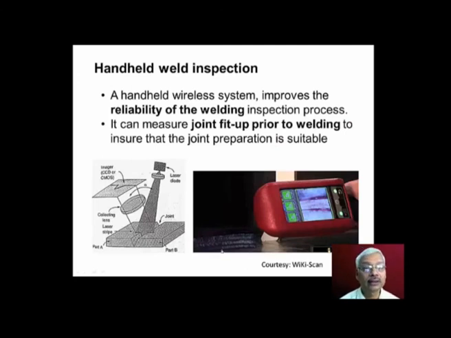Now we can see here a handheld welding inspection device. So this is the weld to be inspected, and we can move this inspection system. You can see the image, and the image can also be captured and stored. It can measure joint fit up prior to welding to ensure that the joint preparation is suitable.